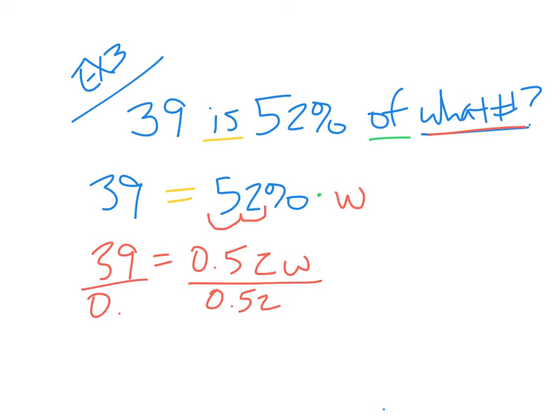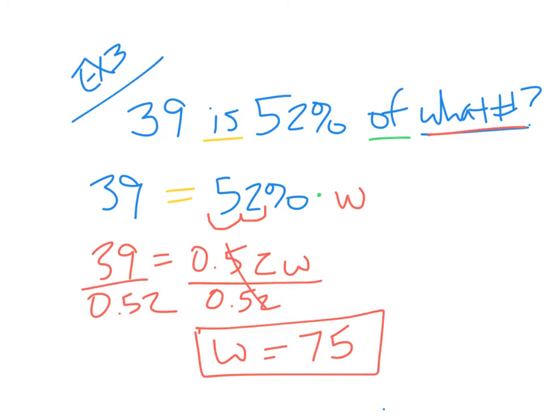So 39 divided by 0.52 gives you what? 75. Very good. So w equals 75. So 39 is 52% of 75. Awesome. Questions?